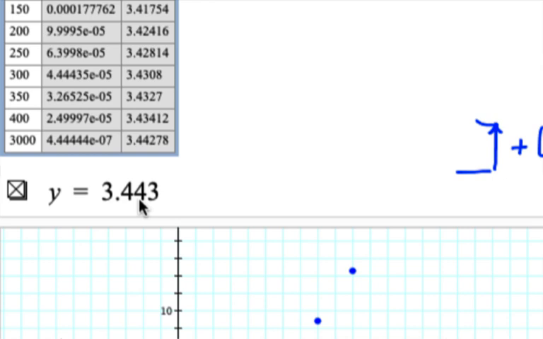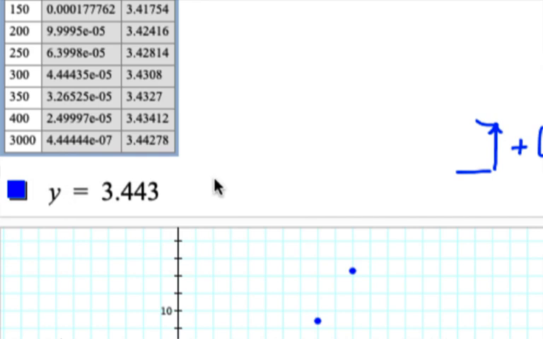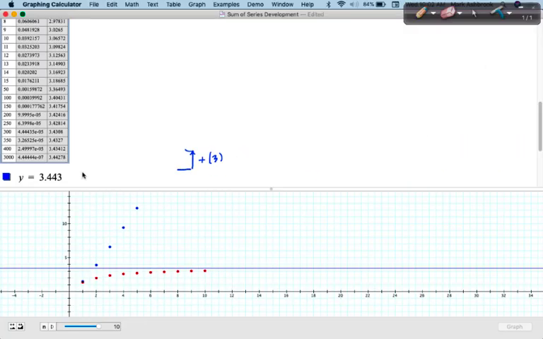So this is a really, really good approximation of the series, the 3,000th partial sum. So if I turn that on, 3.443 is a really good approximation, and you see that that's where it's leveling off, right? If we were at the 3,000th term, the red dot would look essentially on that line.